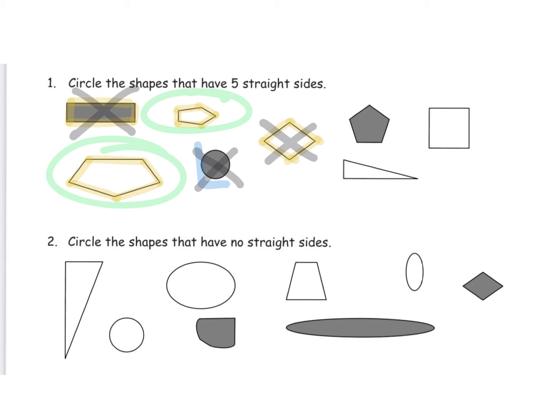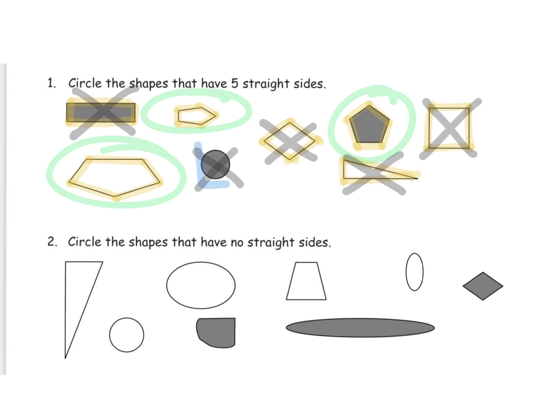Our next shape has 5 straight sides, so we can circle this one. Our next shape has 3 sides, so we can cross this one off. And our last shape has 4 straight sides, so we can cross this one off as well.